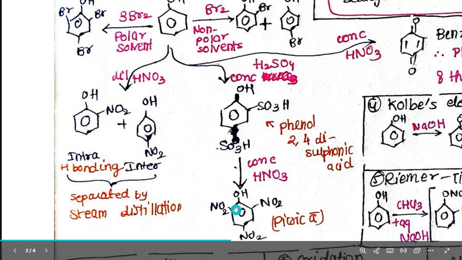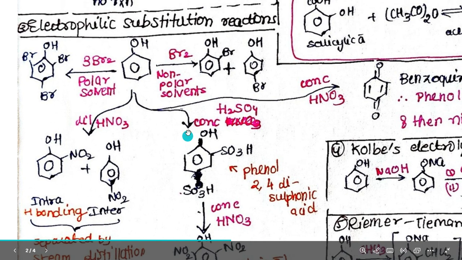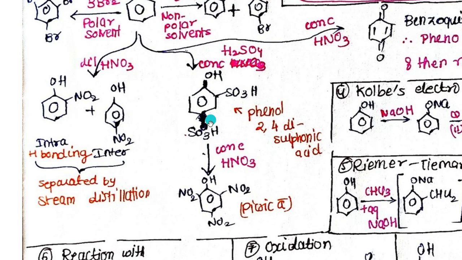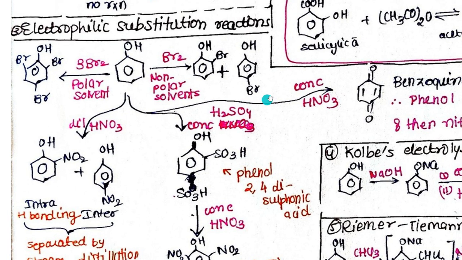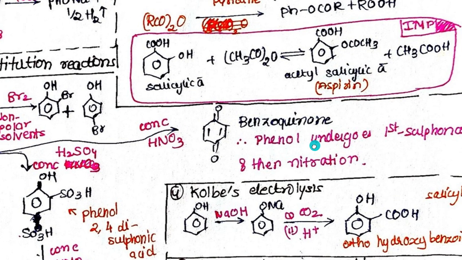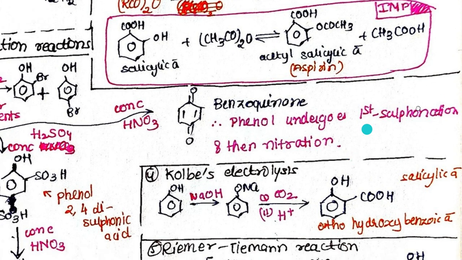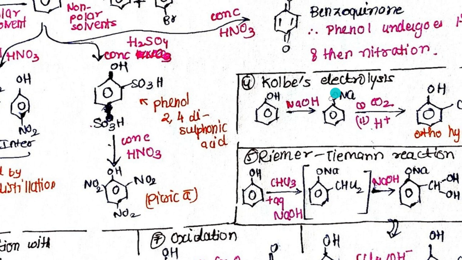Give the chemical equation for the formation of picric acid. Direct question. Now why did we do so many steps for the formation of picric acid? Because if I directly react this phenol with concentrated HNO3, I will get benzoquinone. Thus, phenol undergoes first sulfonation and then nitration to form this picric acid.